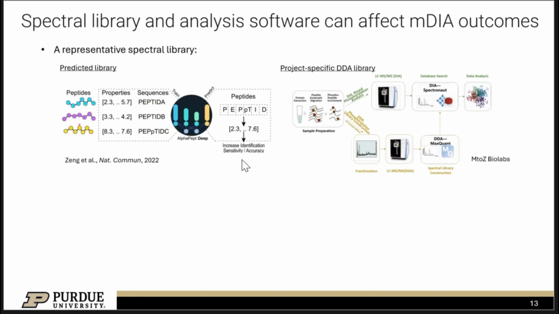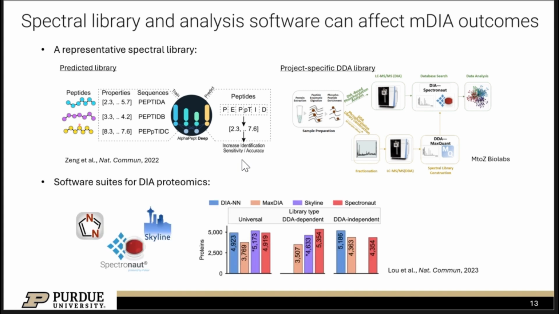So in this study, we're curious, as there are several factors well known to affect the DIA outcomes. For example, the spectral library can influence the DIA search results, and different software tools might also provide different outcomes. But there's still not a very clear evaluation of these factors on multiplexing DIA.